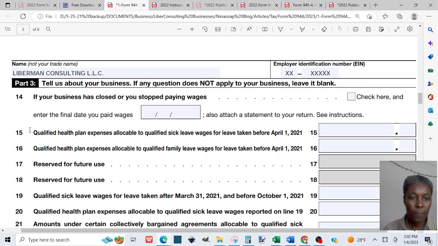So line 15, qualified health plan expenses. Lines 15, 16, 17, 18, 19, 20, 21 may apply to you, so read the instructions.